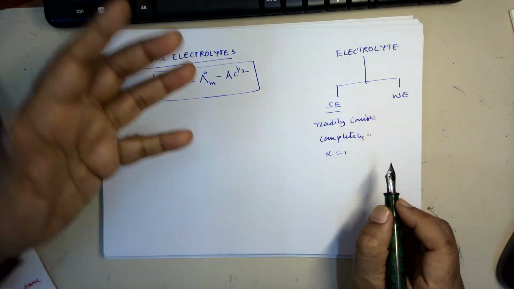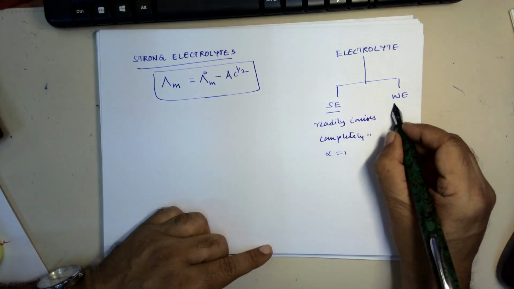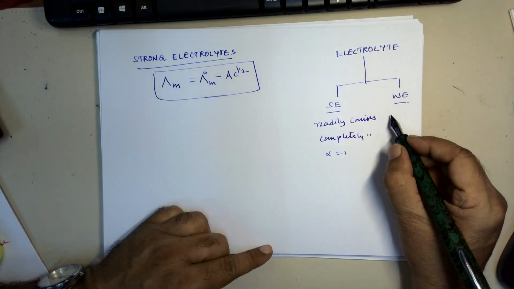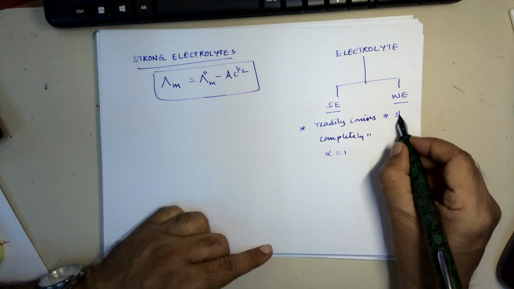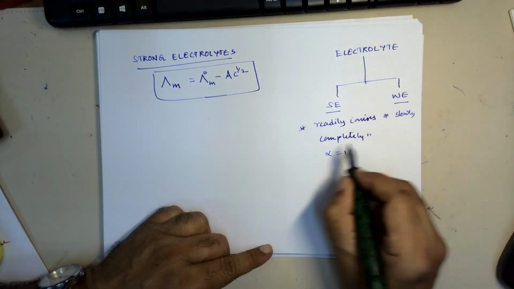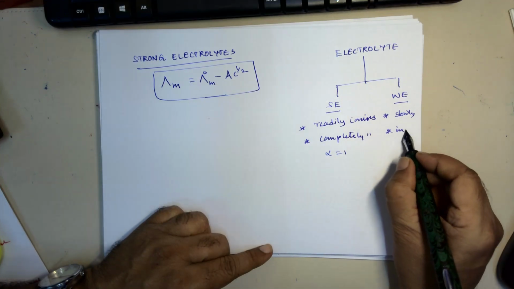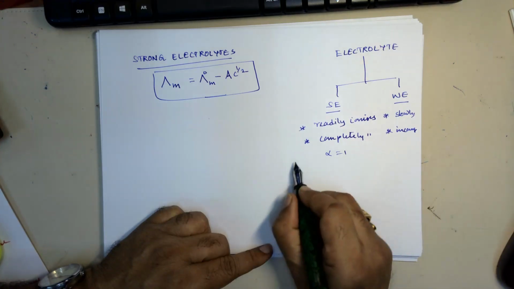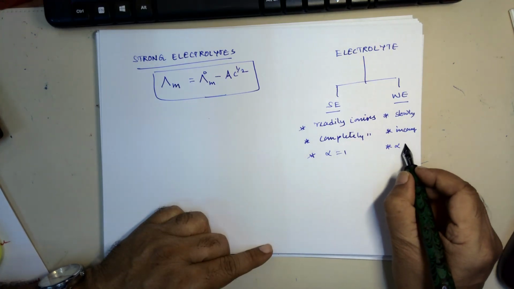And the degree of dissociation is what? It means all molecules are totally dissociated. Whereas in the weak electrolyte, it is not readily, it is slow. It is not complete, it is incomplete, and the degree of dissociation is less than 1.